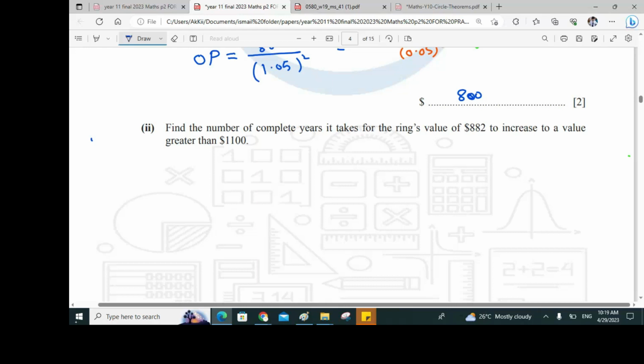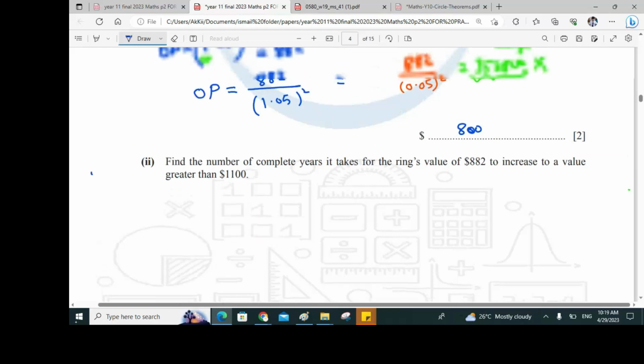So I will take the same formula, that is old price is 882 multiplied by how much is the percentage increase, I don't know, so I'll take it as x. Okay, now the percentage increase is known, sorry, it is 1.05.